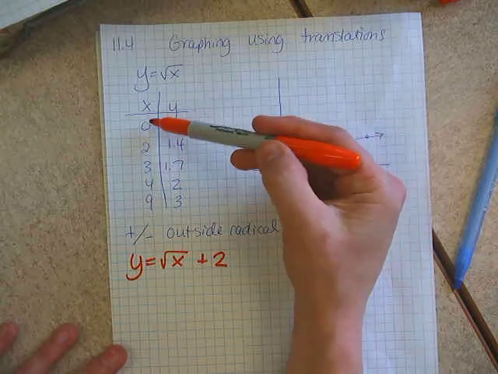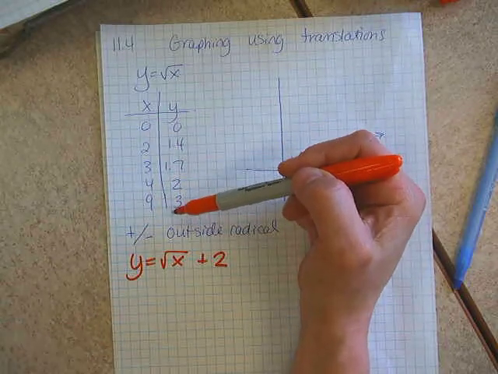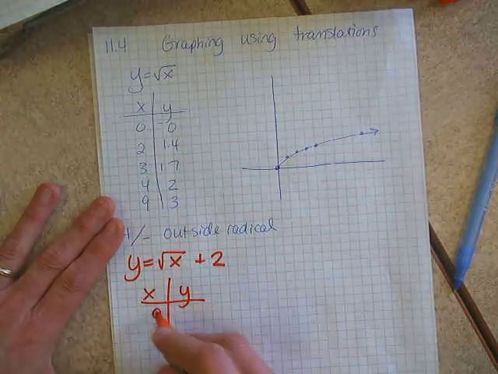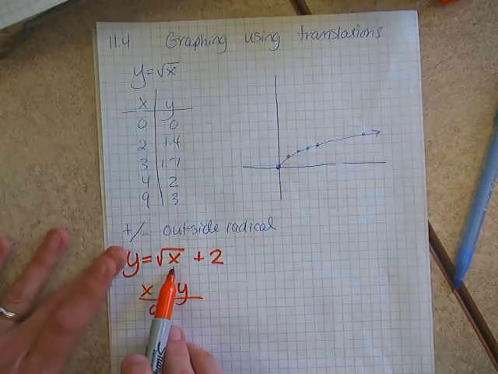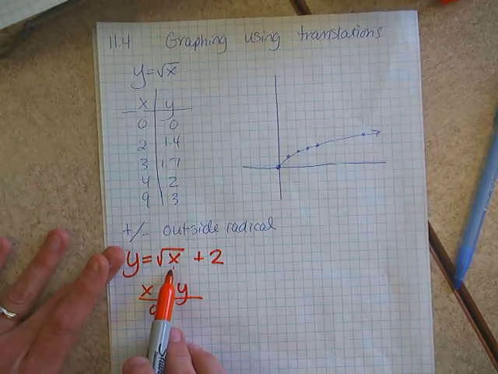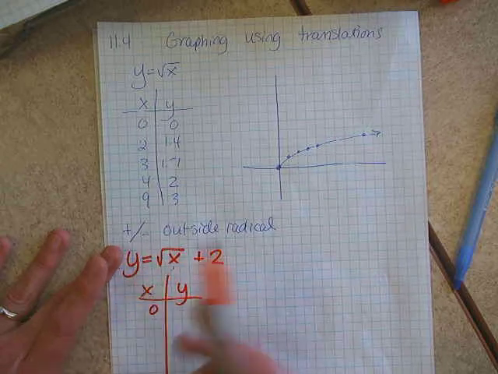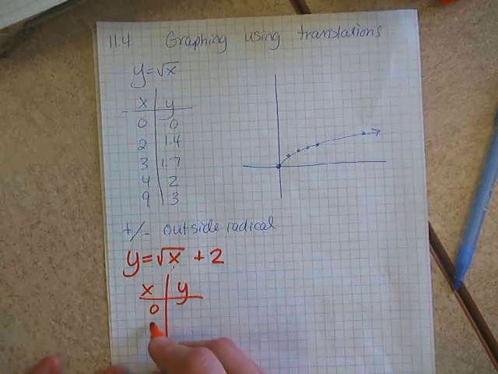This is an easy one because we're still going to take the square root of all these, but we're going to add 2 to the result. So the domain is still x greater than or equal to 0, right? You set the inside greater than or equal to 0.